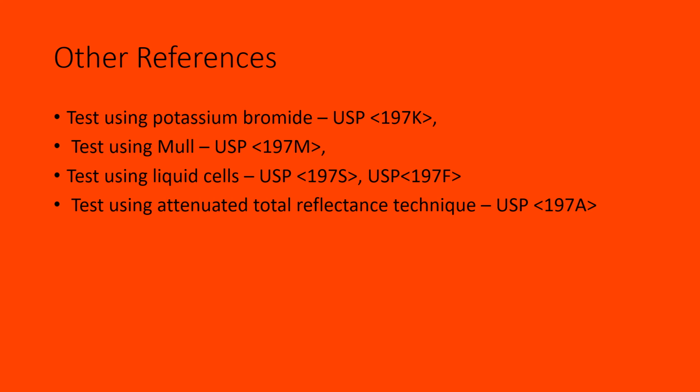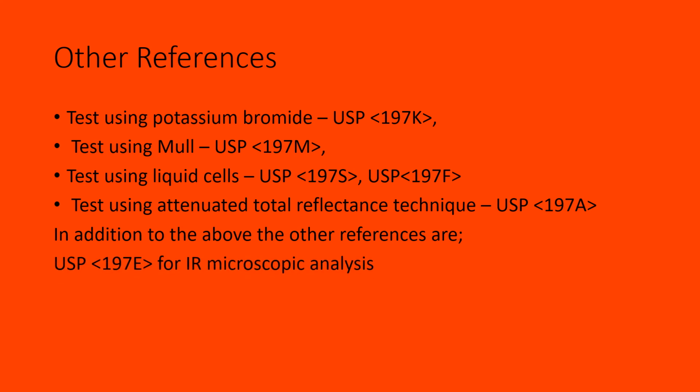Test using attenuated total reflectance technique is USP 197A. In addition to the above, the other references are USP 197E for IR microscopic analysis and USP 197D for diffuse reflection analysis. I hope that the intent of this section of infrared spectroscopy is understood well.